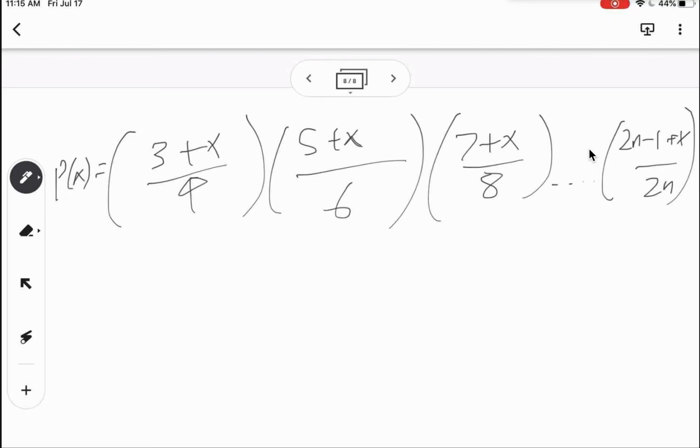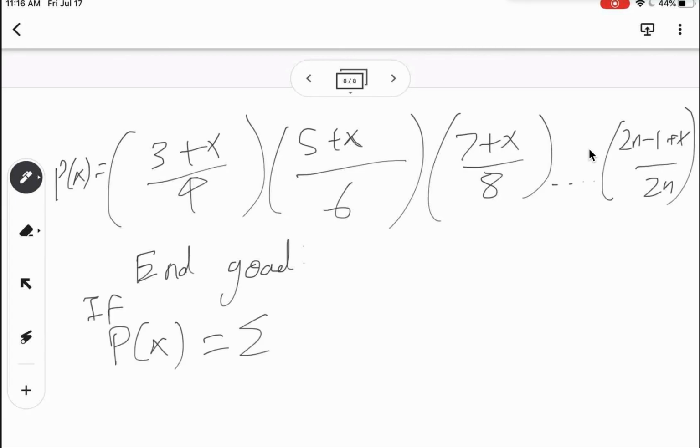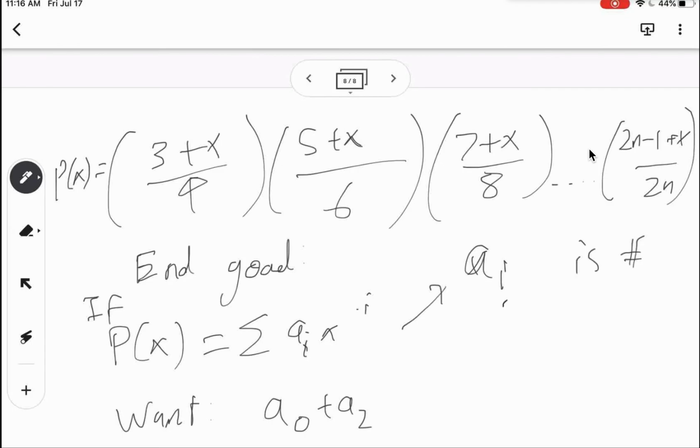First of all, let's say what our end goal is. If P of x equals the sum of a_i times x to the i, where a_i is the probability of i heads, then what we want is the sum of all the even a_i.